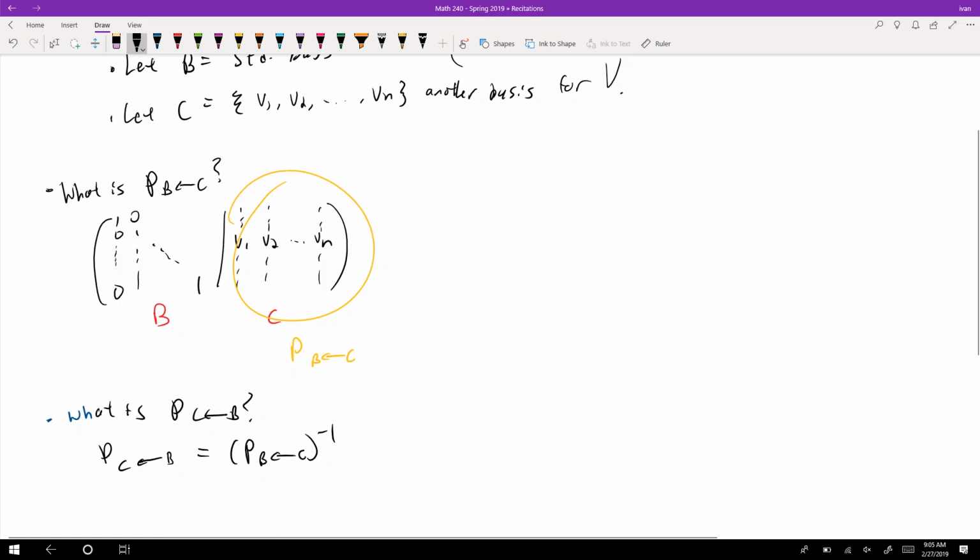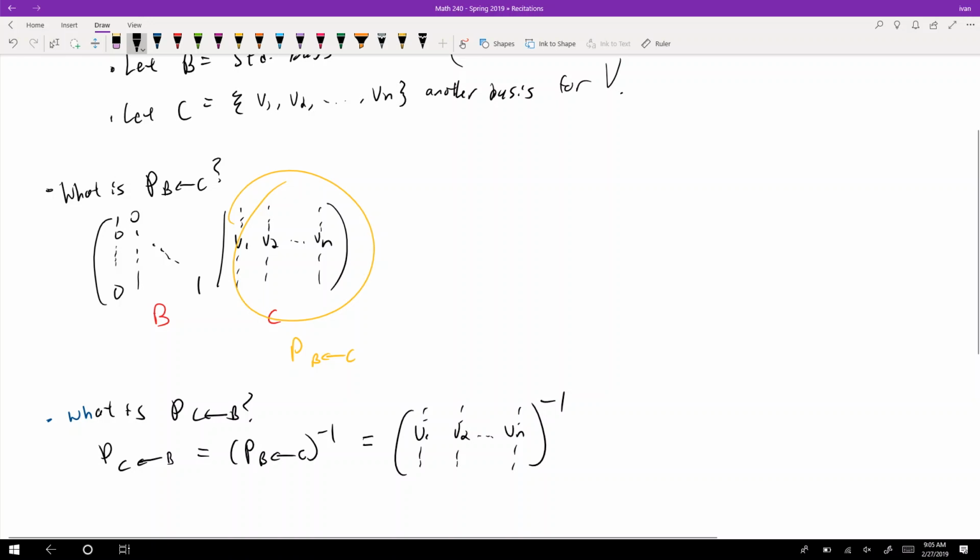P from C to B is going to be equal to V1, V2, all the way through Vn in the columns, but we're just going to invert this matrix because we want it going the other direction. Are we okay with these two change of basis matrices? These are the two that we really care about, as we'll see in a little bit.